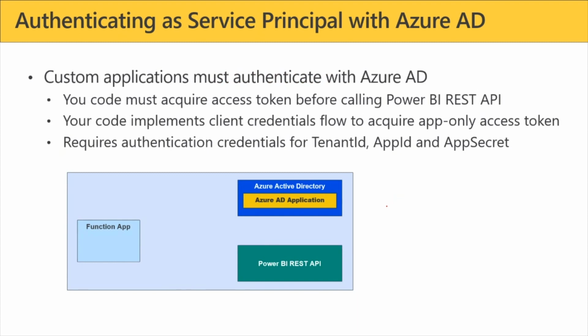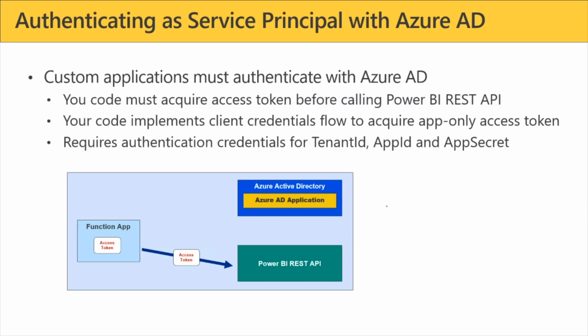Now, at a high level, our first step before we can call the Power BI REST API is to call to Azure AD and authenticate. There's going to be some Azure AD application that we've created, and we're going to be able to get an access token. Then when we call the Power BI REST API, we're going to include that access token.